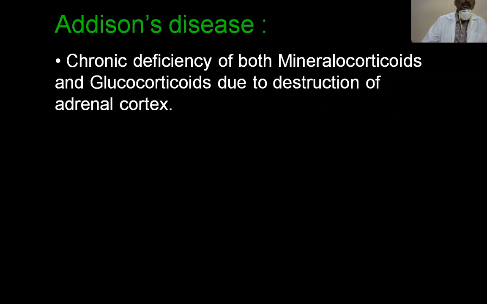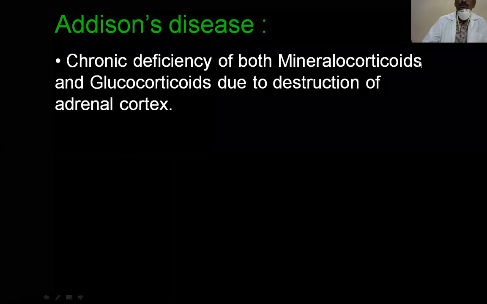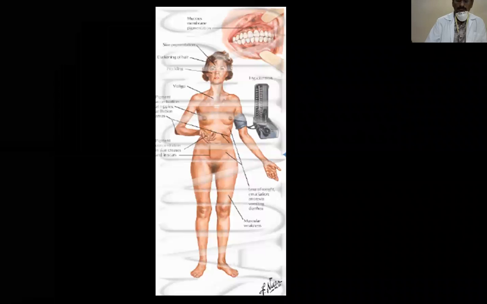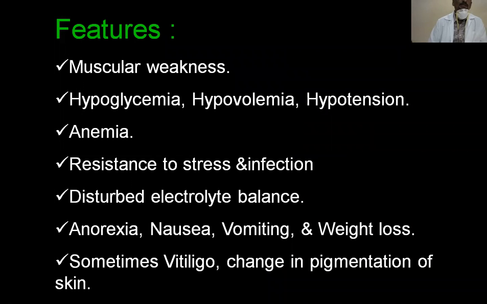In Addison's disease, there is a chronic deficiency of both mineralocorticoids as well as glucocorticoids due to destruction of the adrenal cortex. So this is the patient of Addison's disease. You can see the features. The muscles will become weak, weakness in the musculature, and there will be hypoglycemia.